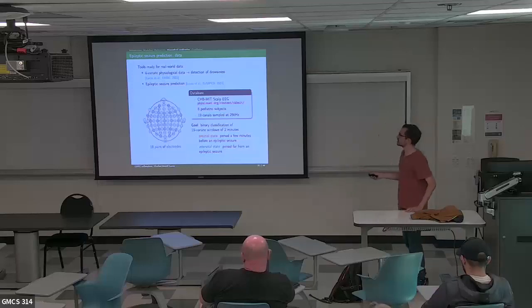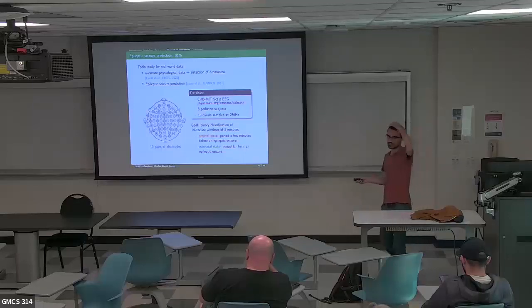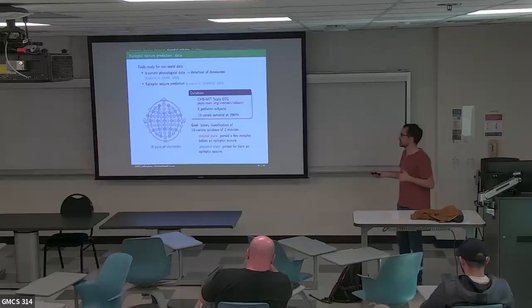The data used here are from the CHB-MIT scalp EEG database available online. It consists of 19 channels measured from 19 electrodes on the scalp of 8 pediatric subjects, sampled at 256 Hz.